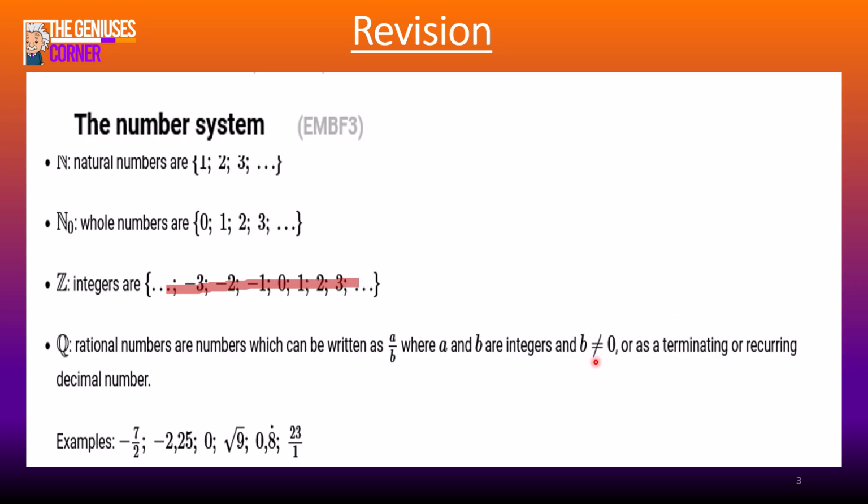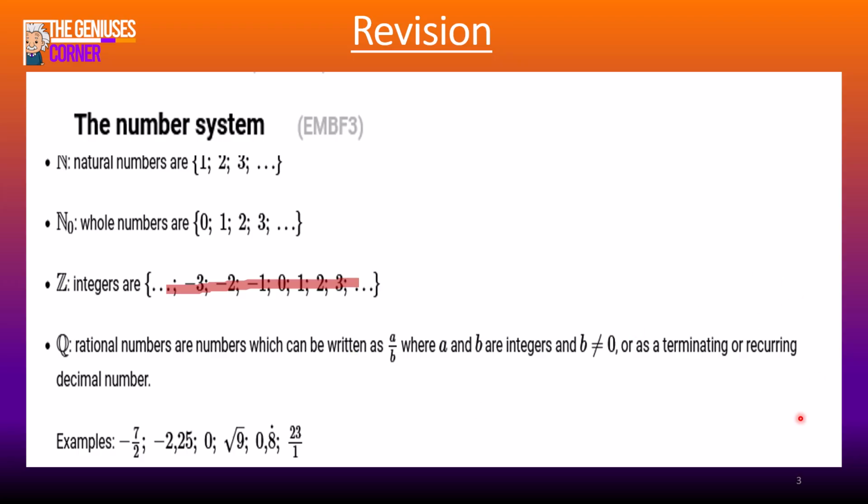And then we say rational numbers can also be written as a terminating or recurring decimal number. For example, 0.5, 0.43. So it's not something like 0.34373 and so on.